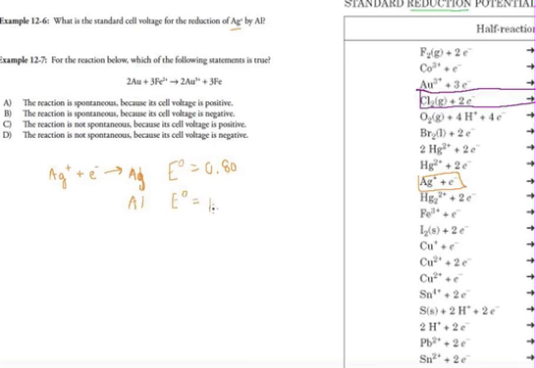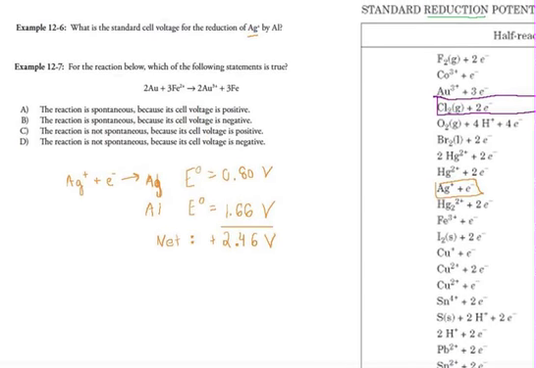So it will be positive 1.66, right? So then the net voltage is just these two electrode potentials added up together, right? So that gives you 2.46, if I've done my math correctly. All right, beautiful. So that's your answer. Woohoo!